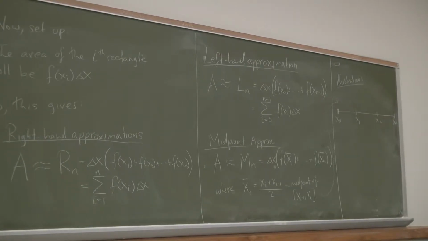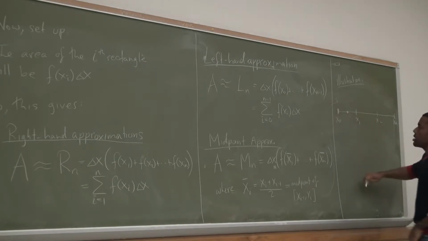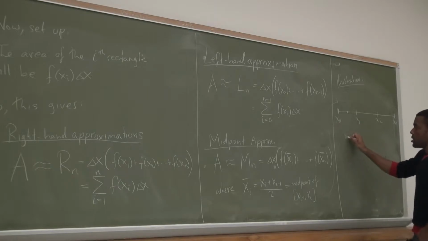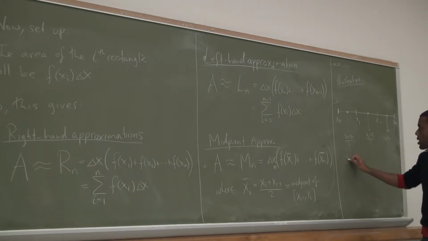In the case of using midpoints, I want to look at the interval and use the middle point to get it, right? Now if I know two numbers here, how do I get to the middle point? Well, I just average them, right? x1 plus x0 over 2. This middle point here would be x2 plus x1 over 2, etc. So this guy just gives me what I call x1 bar.